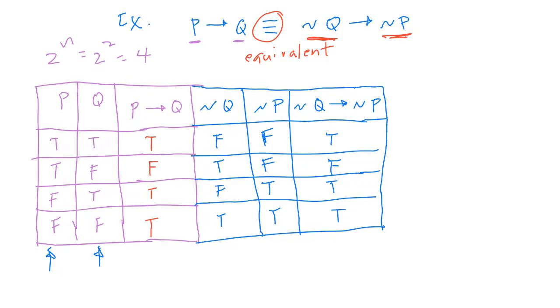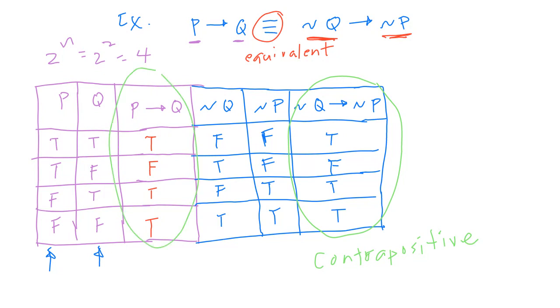And now you can compare the outcome. So you're comparing this, which is the contrapositive, and then the conditional on this side, which is the third column.